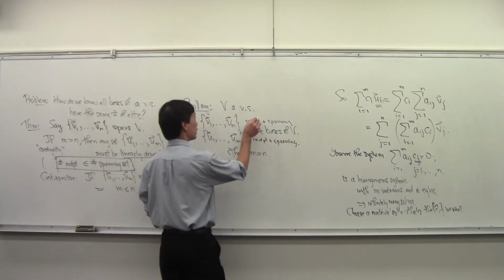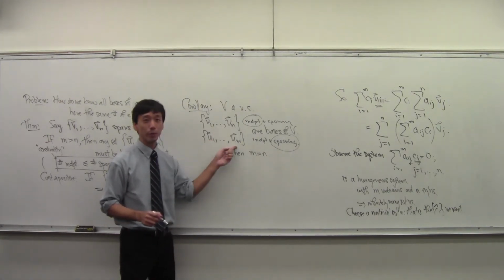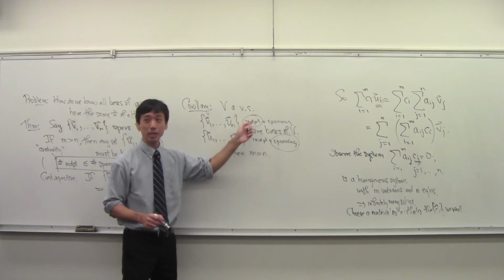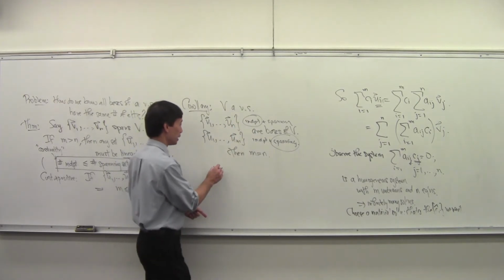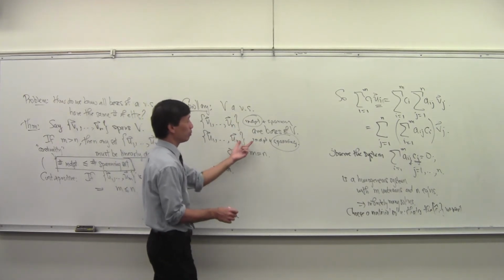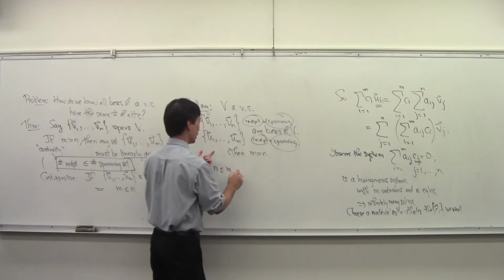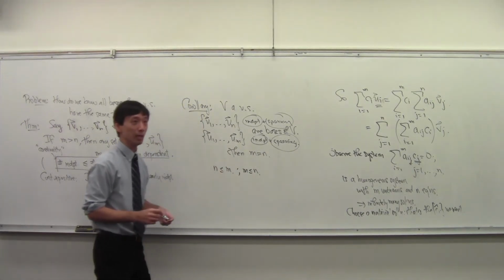This one is independent and that one is spanning, so n is less than or equal to m. The other way around, this one is independent and that one is spanning, so m is less than or equal to n. And so m and n must be equal.